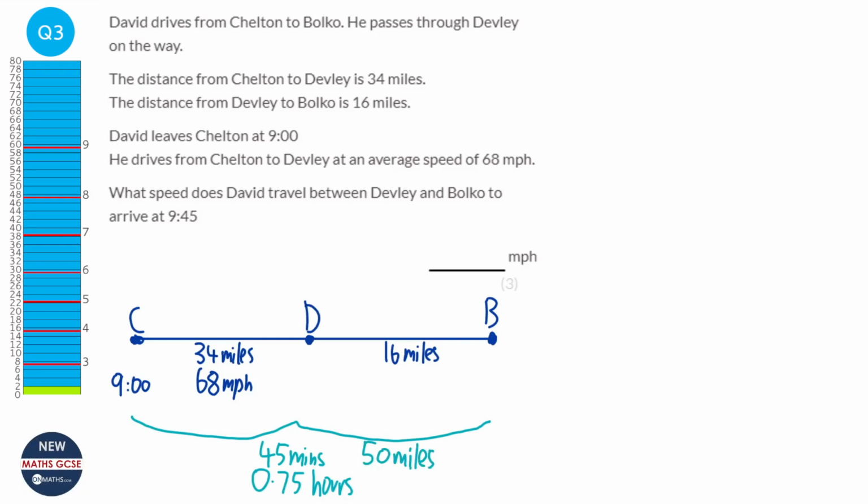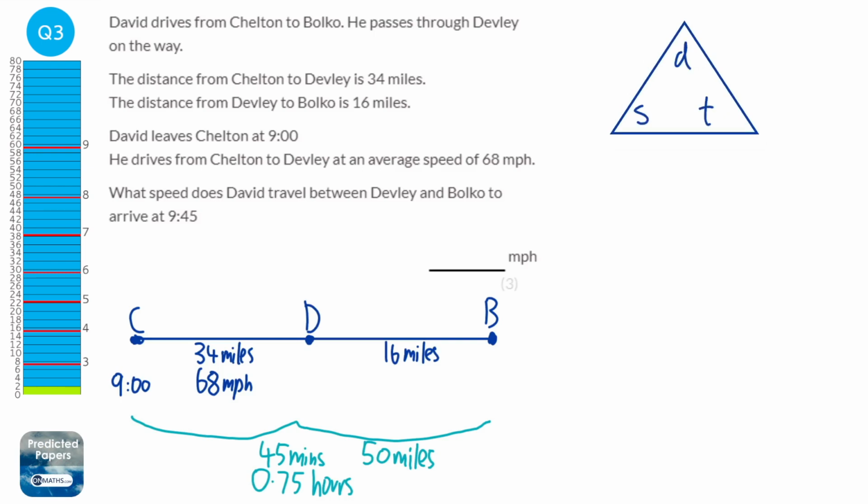Okay, now having a look at this, we need to find out what time David was at Devley. So we're going to use our speed, distance, time triangle. So speed equals distance over time. And we're covering up the time, because that's the one we want.